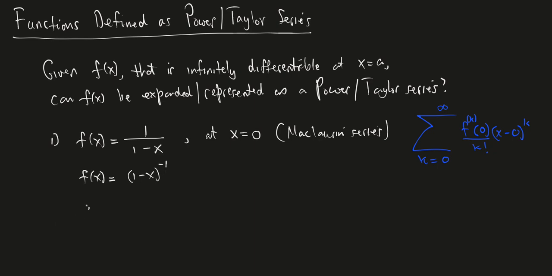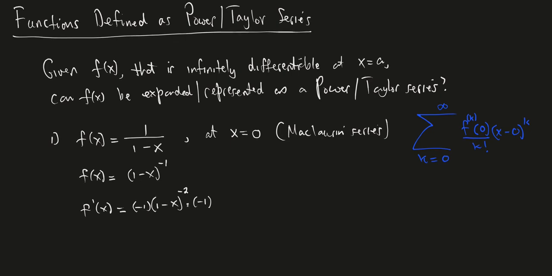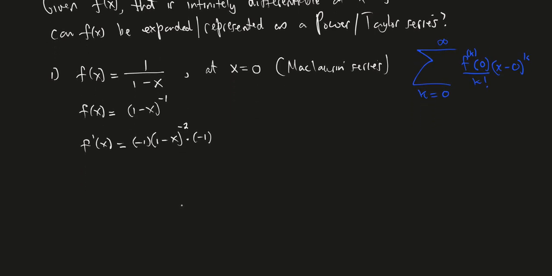So let's look at what our first derivative looks like. Bring down the negative 1, keep the inner, subtract 1, and then multiply by the derivative of the inner, which is negative 1. Again, this is where I'm not going to simplify too much, because if we were doing this by hand, we would like to simplify, but that's not what I'm going to do.